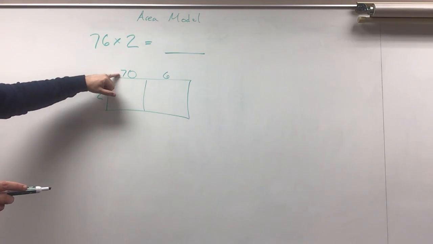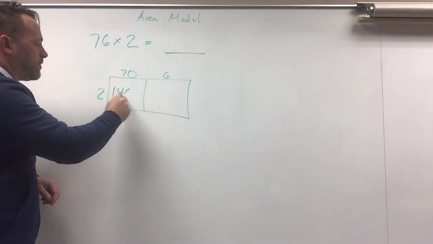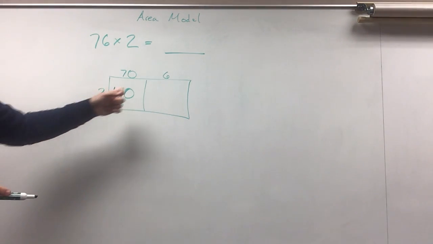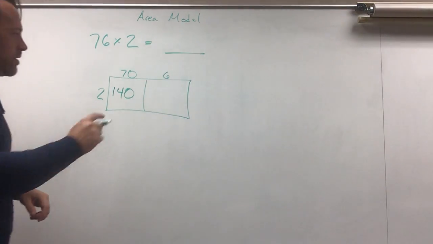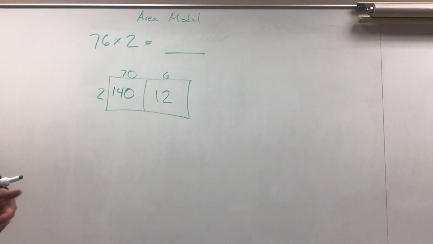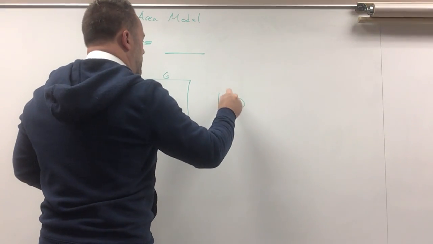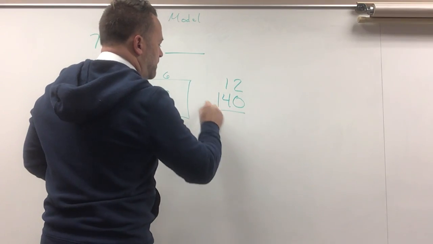Okay, 2 times 7, 14. Don't forget to add the 0. 2 times 6 is 12. Am I finished? What do I have to do? Add them together. 140 plus 12.